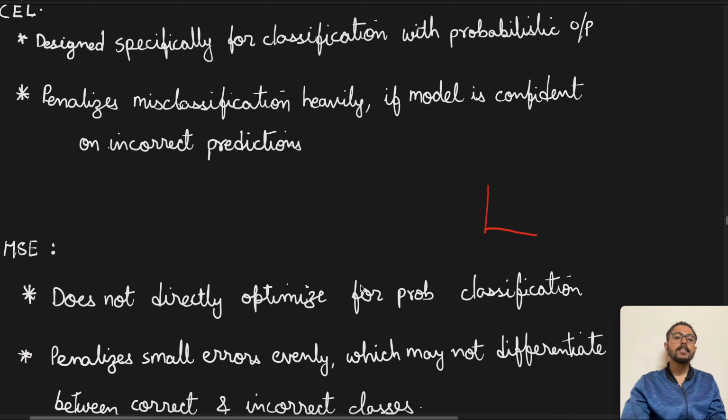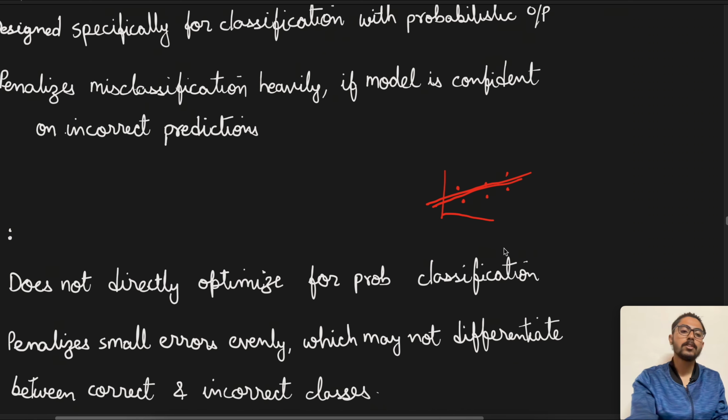MSE also penalizes small errors evenly. So if a particular classification line has been made in the space, then the deviations are penalized equally, so that the line stays the same but rearranges itself in a way that does not differ drastically from the original line, right?